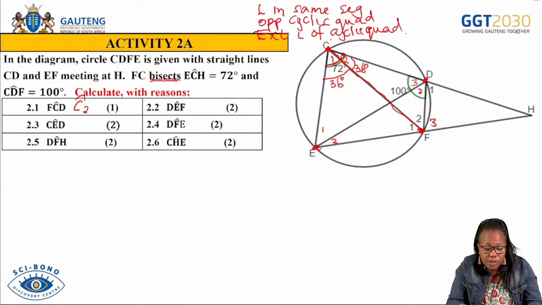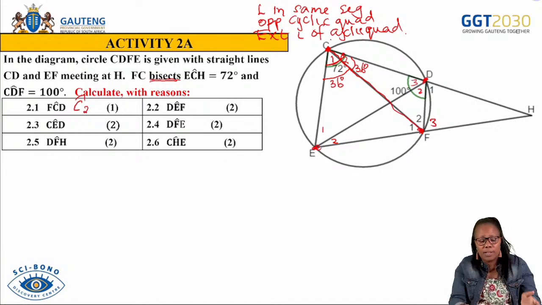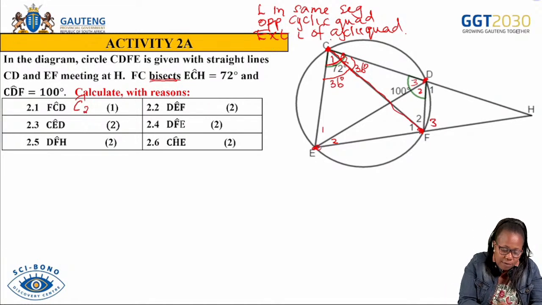Okay? And then let's continue now. We want to find C2. We have already done that, grade 12. Remember, this angle is bisected. Therefore, the 72 is shared equally amongst those two angles. Therefore, we can conclude that angle FCD will be equal to 72 divided by 2, which is giving us a 36.